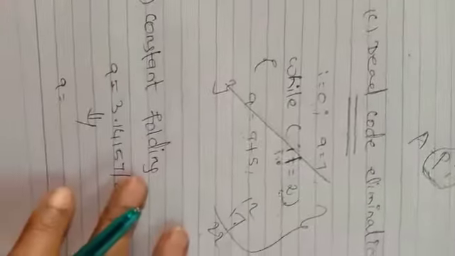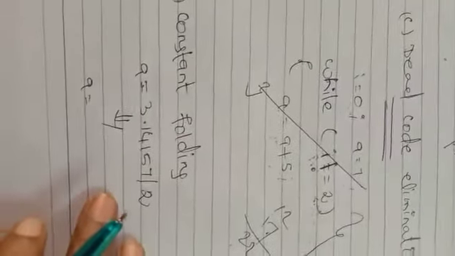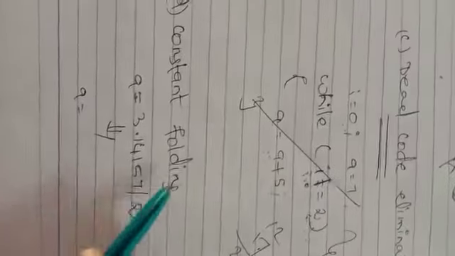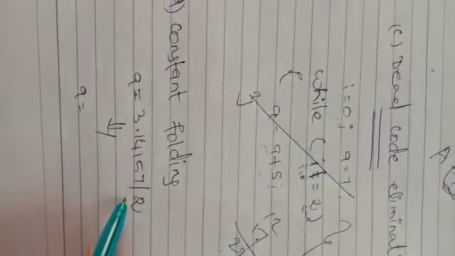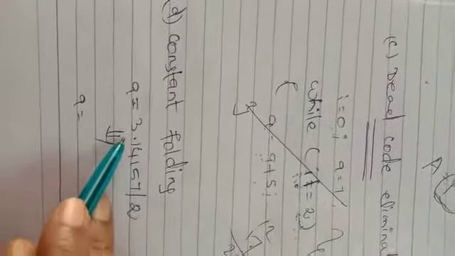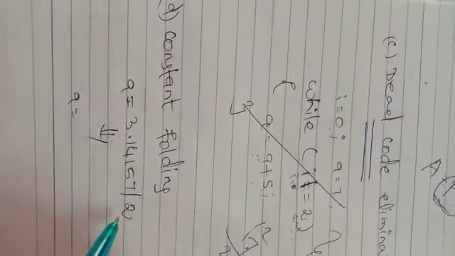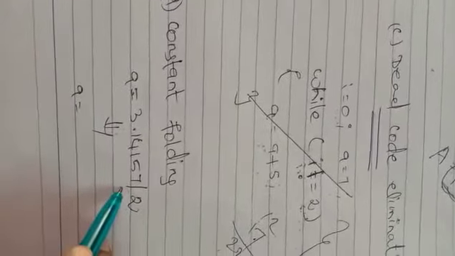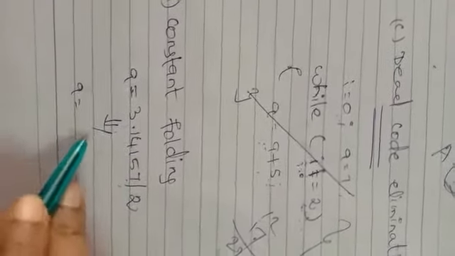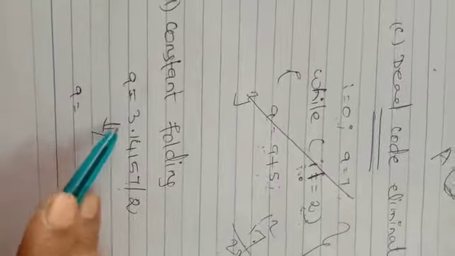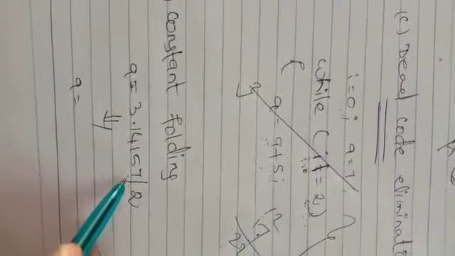Okay, next one, constant folding. What does constant folding mean? Instead of using an expression directly, we can use that expression's output. For example, a equal to 3.14157 by 2.